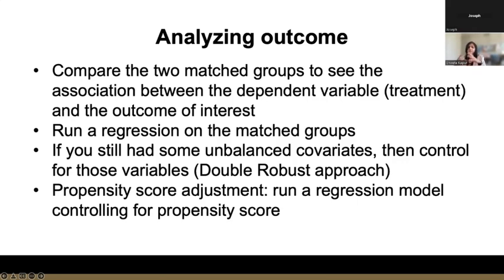You can run a regression model on the matched groups and see what you get. And these results would be considered, like I mentioned, a higher quality of evidence.